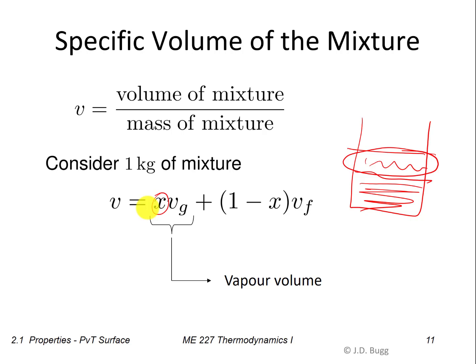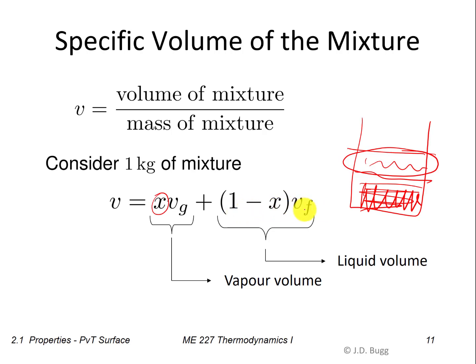Likewise, the second term gives the volume of the liquid. So if there are x kilograms of vapor in this mixture, then there are 1 minus x kilograms of liquid. So this part in parentheses, 1 minus x, is the mass of the liquid laying in the bottom of this container. We multiply it by the specific volume of the liquid to get the volume of the liquid.